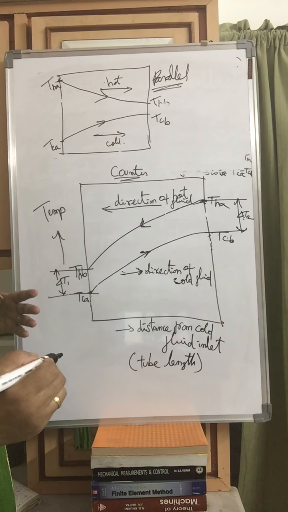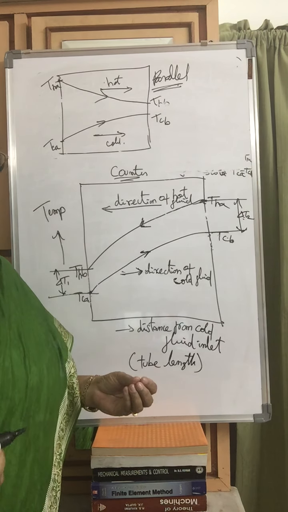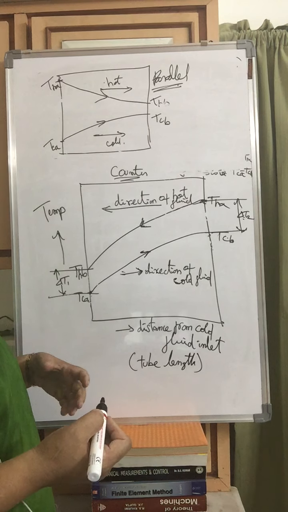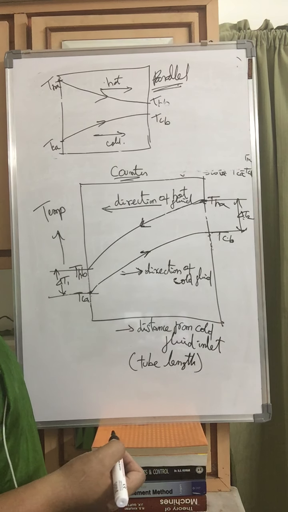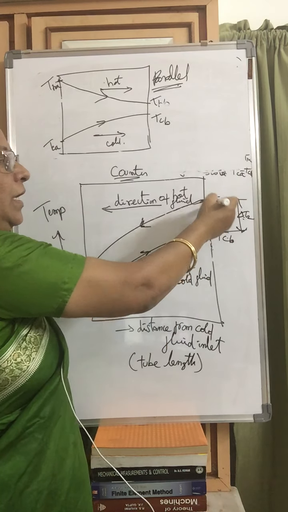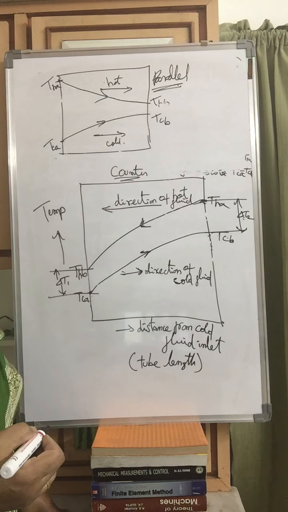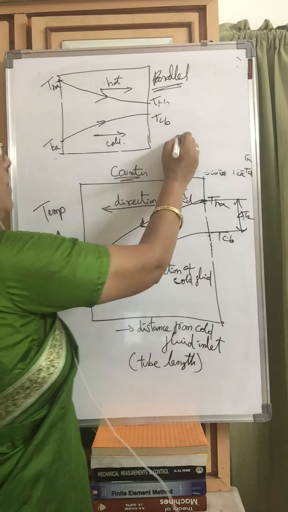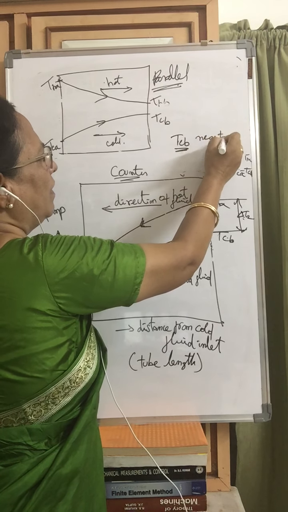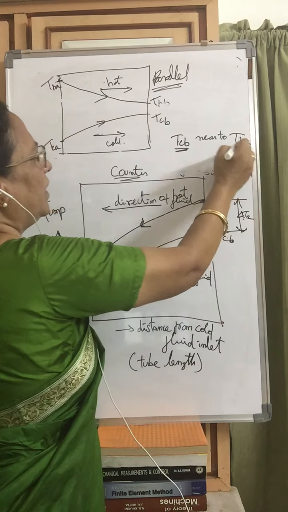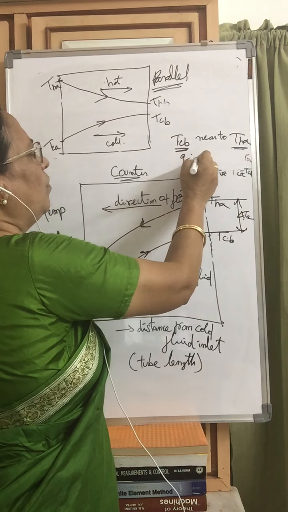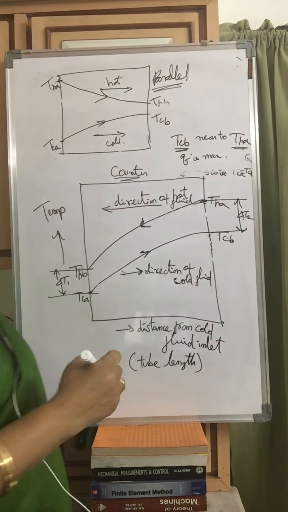When can you say that the heat exchanger is working efficiently? When the outlet temperature of cold fluid comes near to the inlet temperature of hot fluid. The outlet temperature of cold fluid, TCB, should be near to THA, the inlet temperature of hot fluid. Then we can say that Q is maximum.